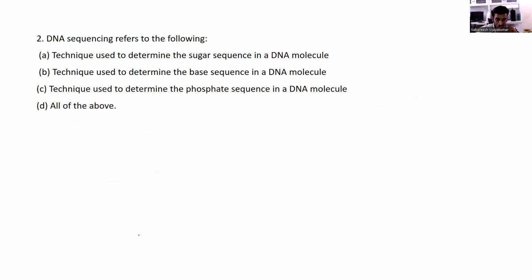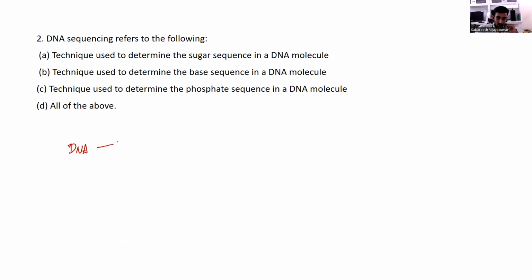Okay. So next question, DNA sequencing refers to which of the following? It is a technique to determine the sugar sequence in a DNA molecule. It's a technique used to determine the base sequence in a DNA molecule. Then a technique used to determine the phosphate sequence in a DNA molecule, and all of the above. So which is the correct option?